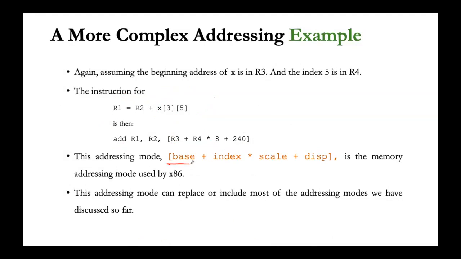So this addressing mode consists of base, index, scale, and displacement. That gives the index addressing mode, scaled addressing mode, and displacement addressing mode. This is the memory addressing mode which is used by the 8086. This addressing mode can replace or include most of the addressing modes we just discussed so far.